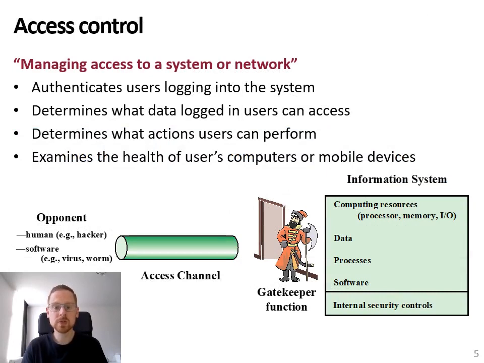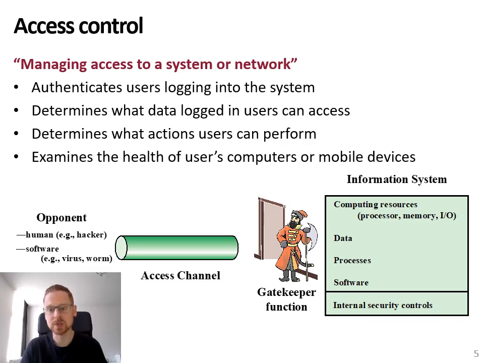Access control services manage access to a computer system or network. Such an access control service will provide several functionalities. First of all, it will provide authentication of the user by verifying their identity and allowing them to log into the system. Second, it will perform authorization, determining what data logged-in users can access.